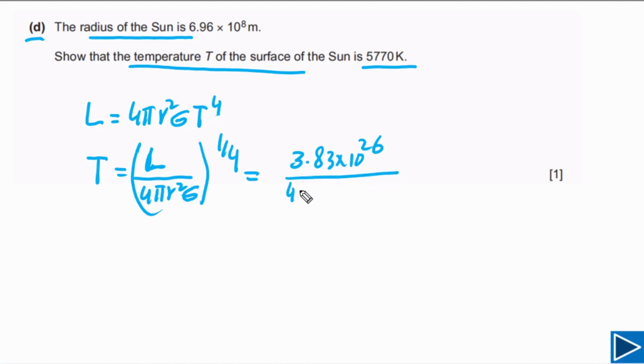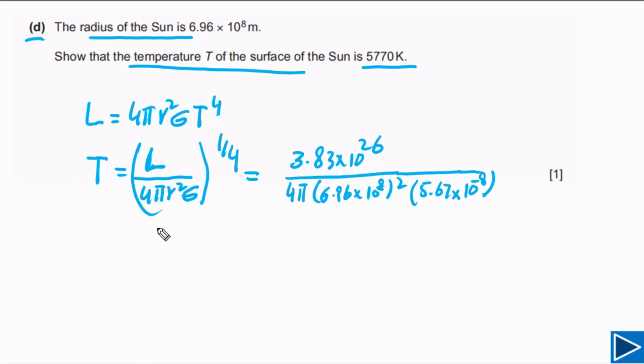We have to divide by 4 pi times r squared. Radius is given, that is 6.96 times 10 to 8 meters, and sigma is the Stefan-Boltzmann constant. Value of sigma is 5.67 times 10 to negative 8.